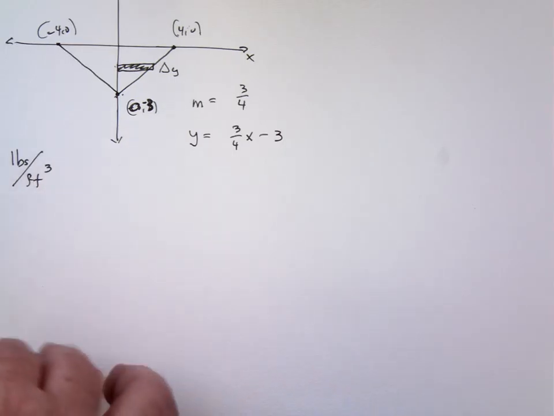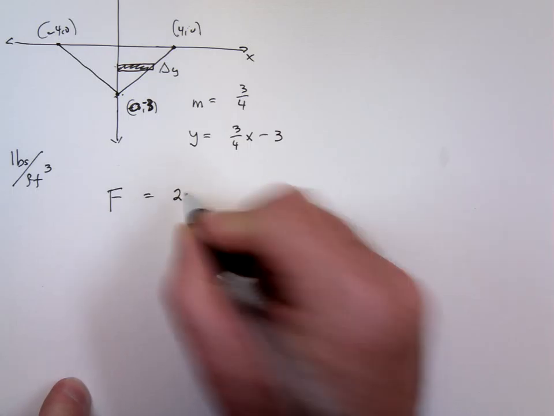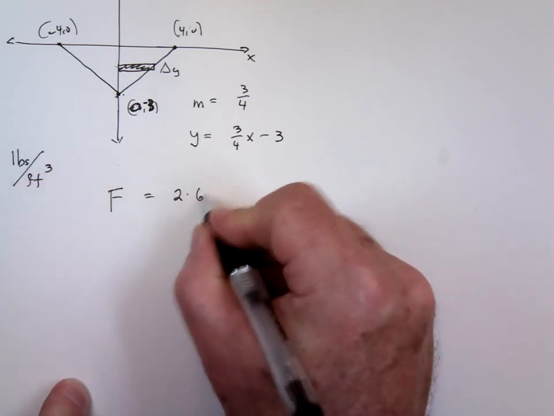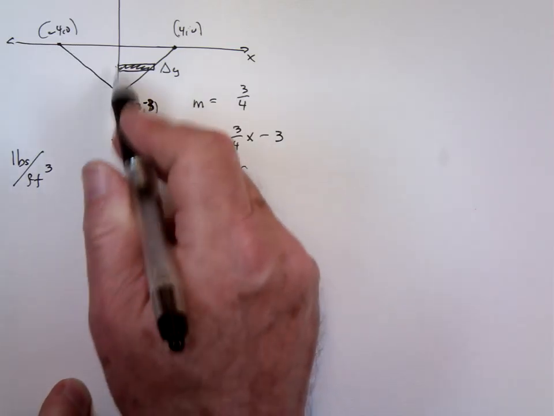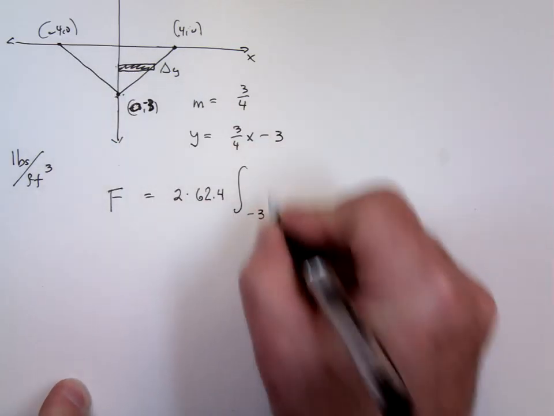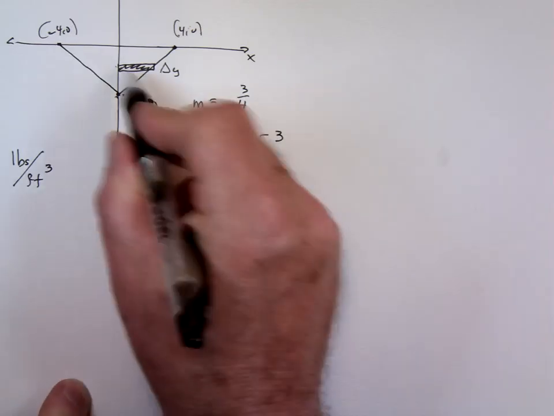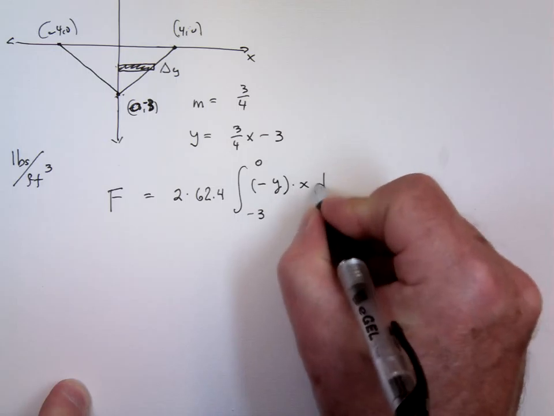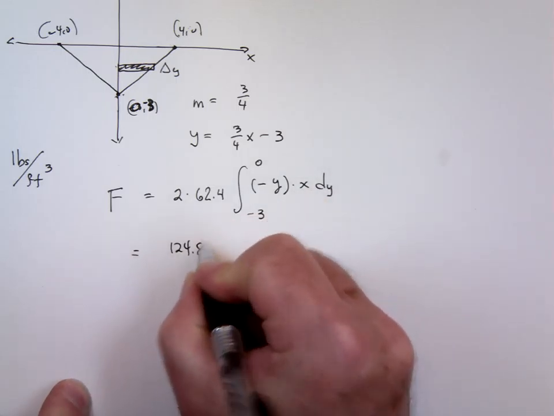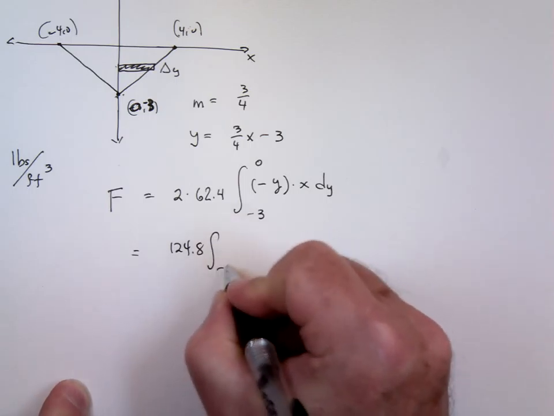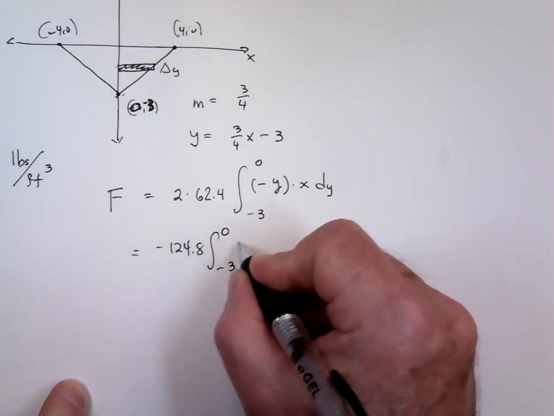The fluid force on that triangle is equal to twice the density function, as we go from -3 to 0, of the opposite of y times x. That's 124.8, integral from -3 to 0, negative y, I'm going to take the negative out front, and I have to solve for x.